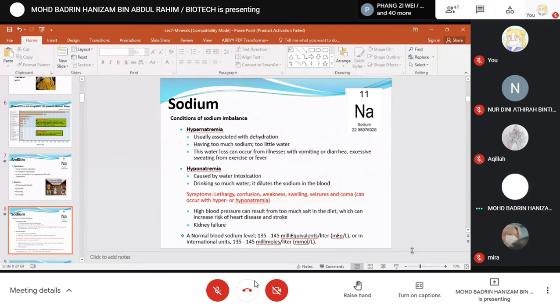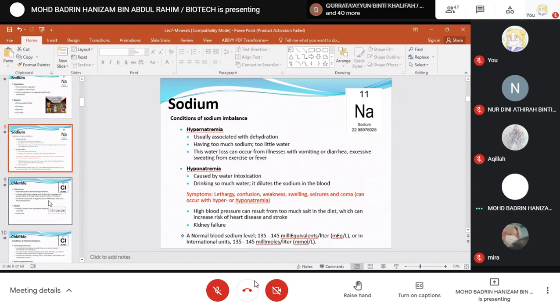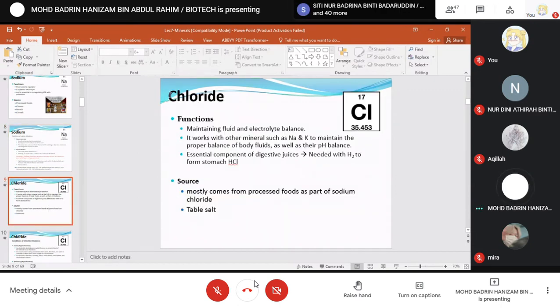So this is what happens when you take too much or too little sodium. Next, chloride. The function of chloride is maintaining fluid and electrolyte balance. Similar to sodium, it works with other minerals such as sodium and potassium to maintain proper balance of body fluids, as well as maintaining the pH balance.